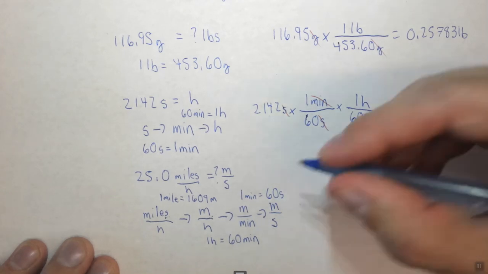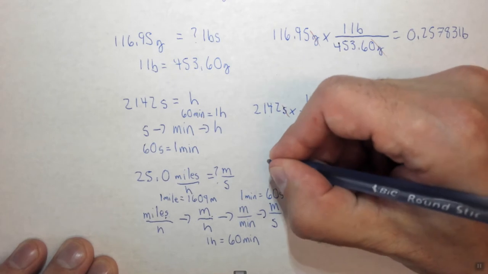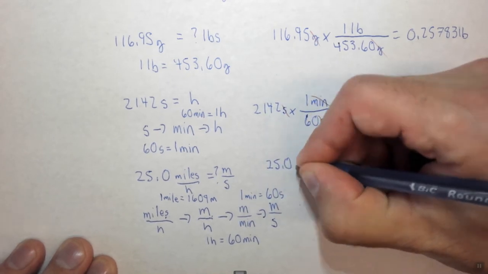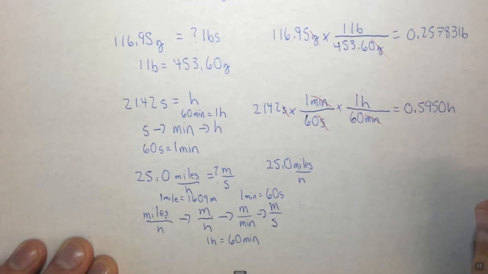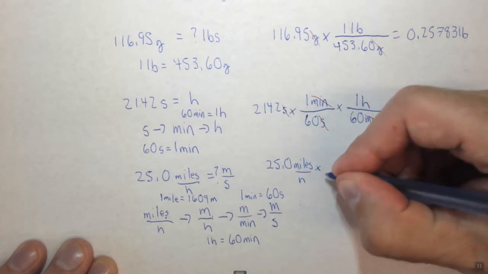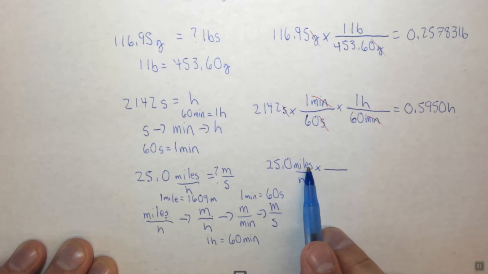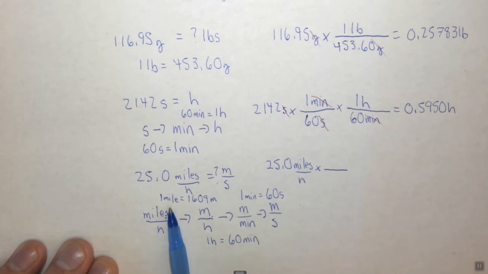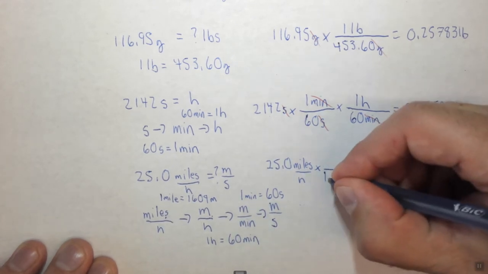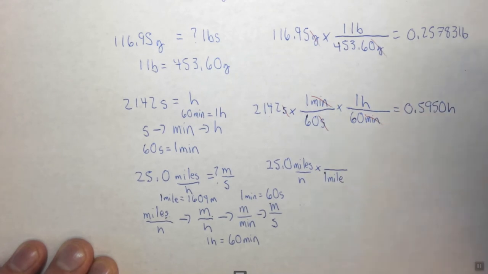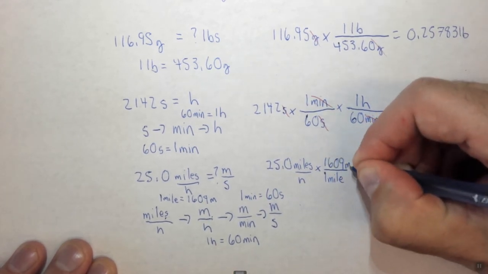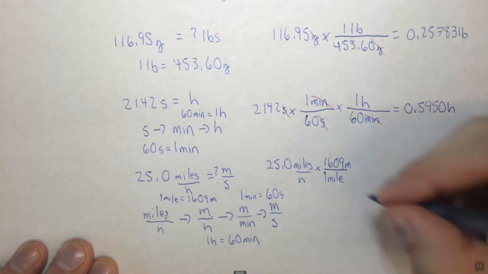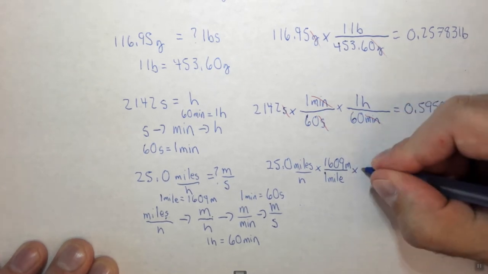Now I want to start with my 25.0 miles per hour times miles is on the top and I want to get rid of it. So I'm going to put the 1 mile on the bottom and on top the 1,609 meters times.